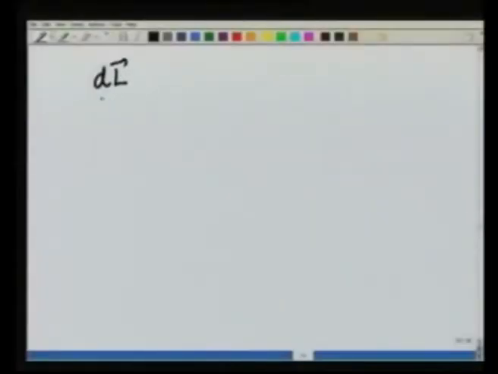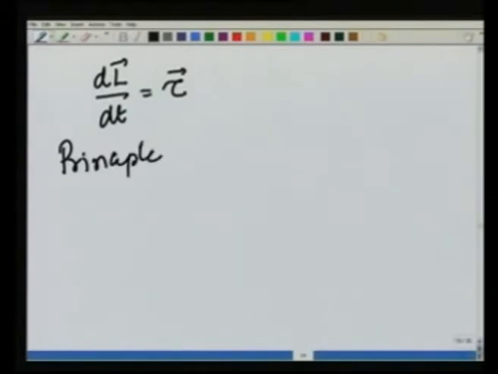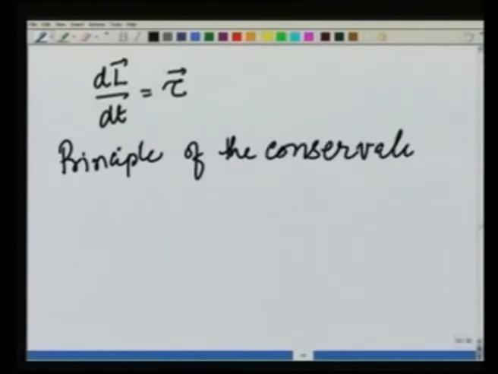Having learnt that dL/dt, although for a single particle, is equal to tau, now we enunciate the principle of the conservation of angular momentum.